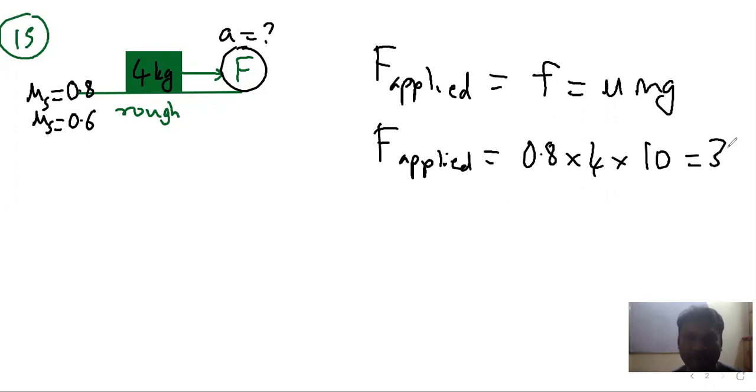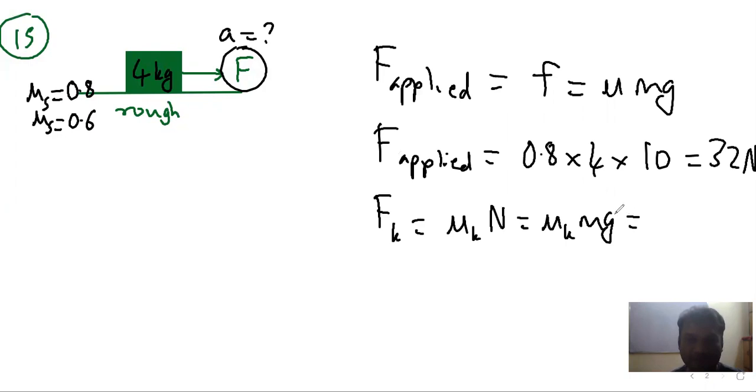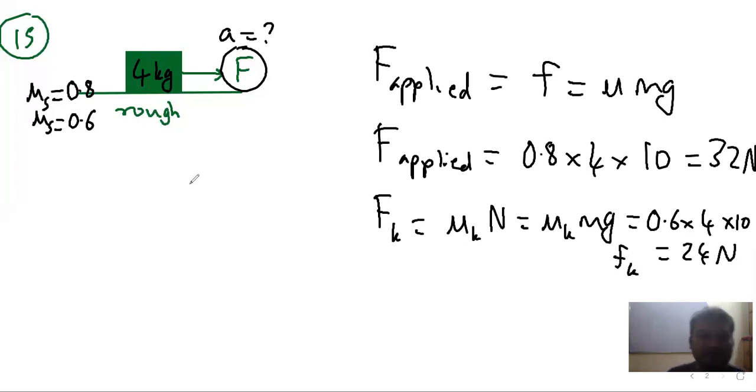So 32 Newton is the force. And kinetic friction, mu k into N, which is mu k into mg, which is 0.6 into 4 into 10. So this comes out to be 24 Newton. So kinetic friction is 24 Newton.